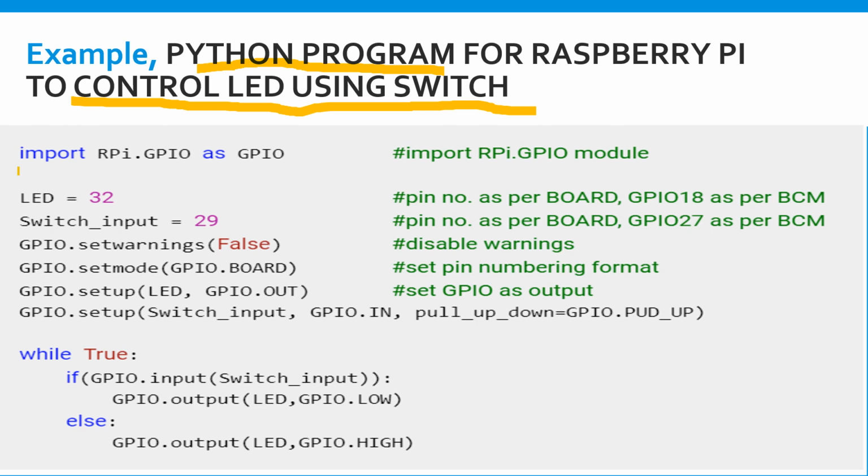So the first statement in this Python script is import RPi.GPIO as GPIO. We know that when we have to use GPIO pins of Raspberry Pi, then we have to import this module, that is RPi.GPIO, and therefore we are using this statement.